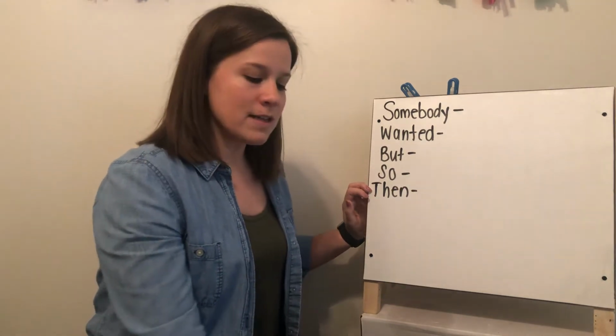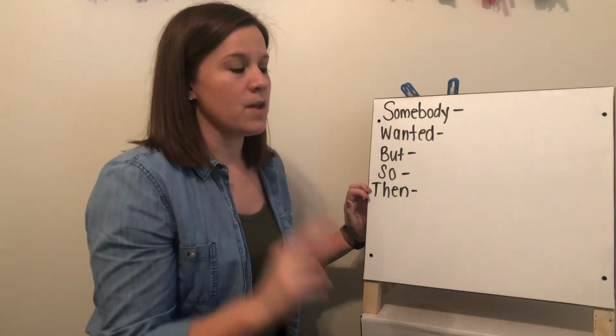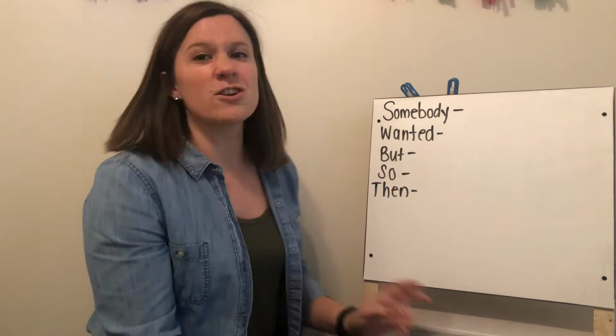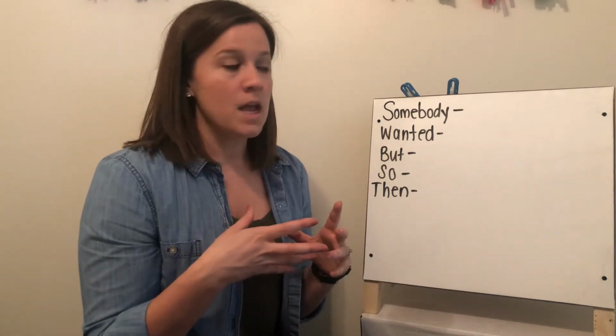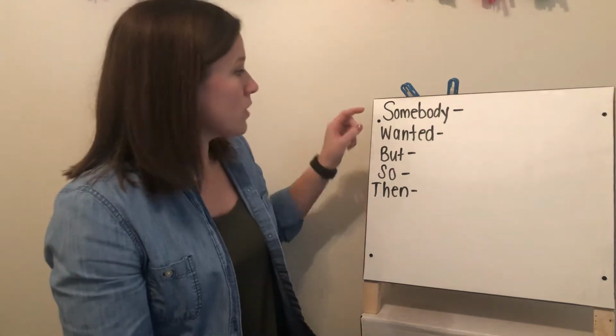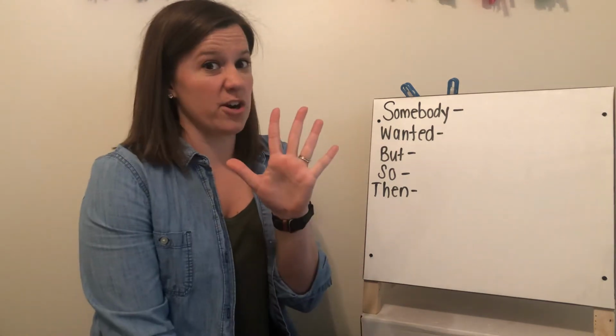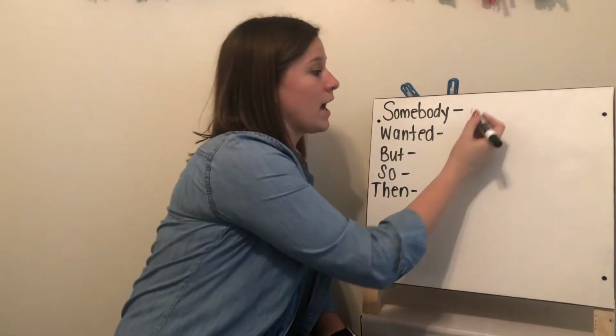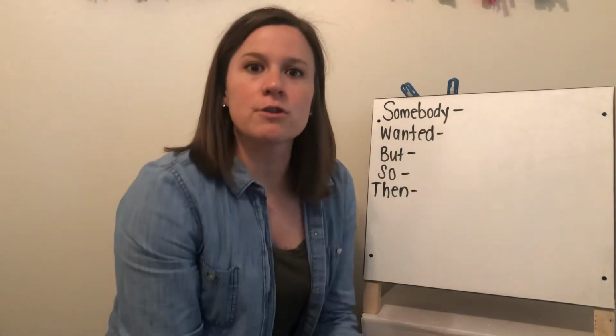And remember, the resolution can be 2 things. Was the conflict solved, or did the character's feelings change at all? All right, so on your piece of paper, you can write down these 5 words, because when you read your fiction story, then you can write down your summary.